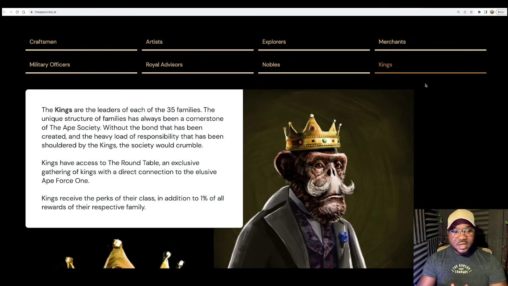Kings have access to the round table, an exclusive gathering of kings with a direct connection to the elusive Ape Force One. And I believe Ape Force One is a group that actually created the NFT project. That's what I gather from researching the project.